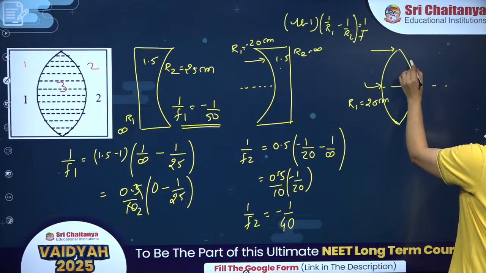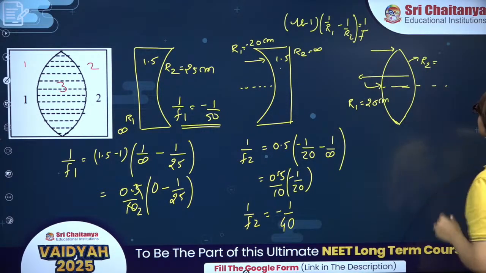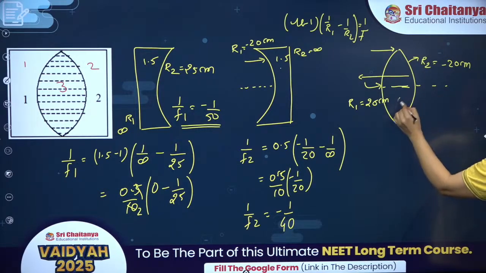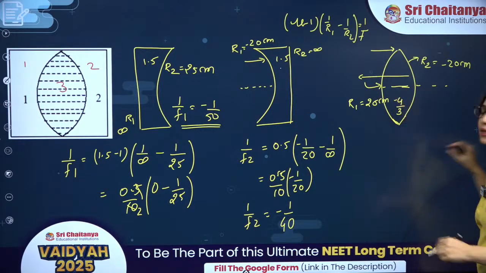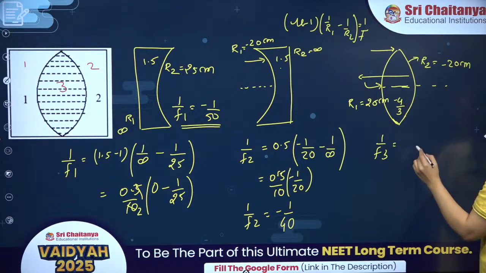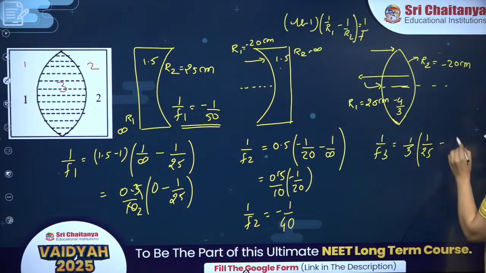And r2, this radius of curvature, is in this direction, so it will be minus 20 centimeter, and refractive index of this one is 4 by 3. So let's say focal length of this middle portion is 1 upon f3 as mu minus 1, 4 by 3 minus 1 as 1 by 3, into 1 upon r1, 1 by 25, minus 1 upon r2, which is minus 1 upon 20.